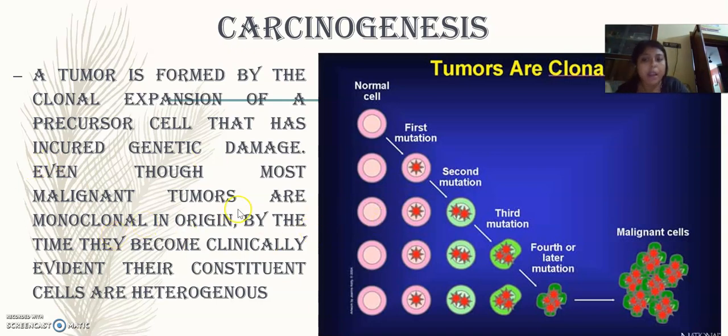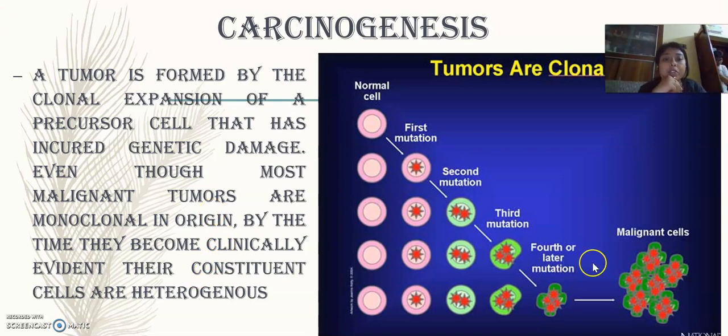Even though most malignant tumors are monoclonal in origin, so they are a single type of clone, by the time they become clinically evident, their constituent cells are heterogeneous. So their constituent cells are not normal. If this is a normal cell, the first mutation has changed this cell, right?